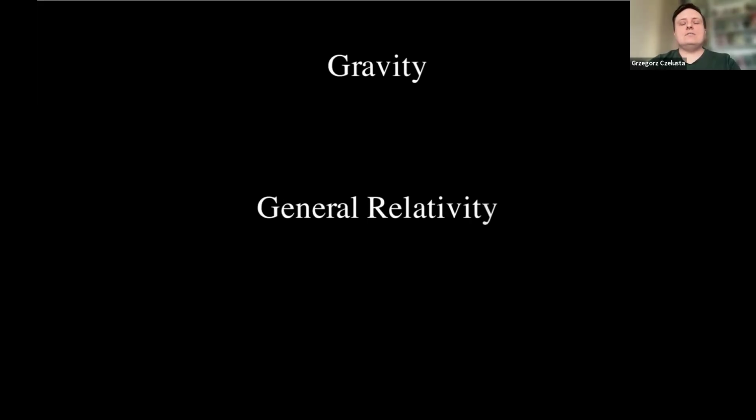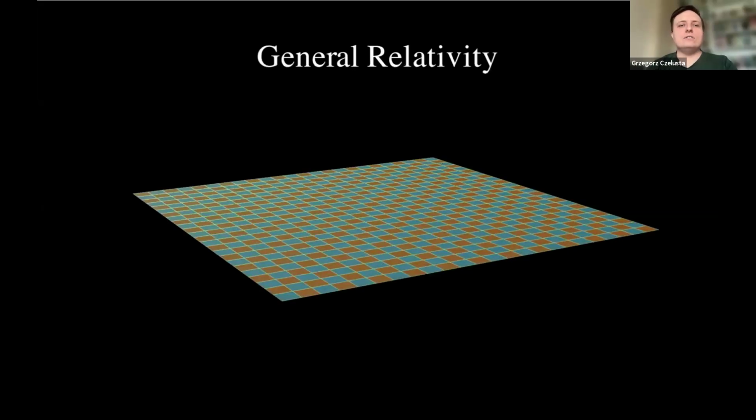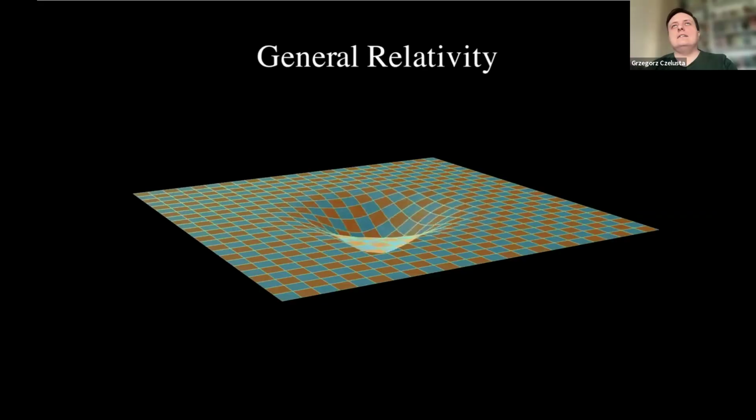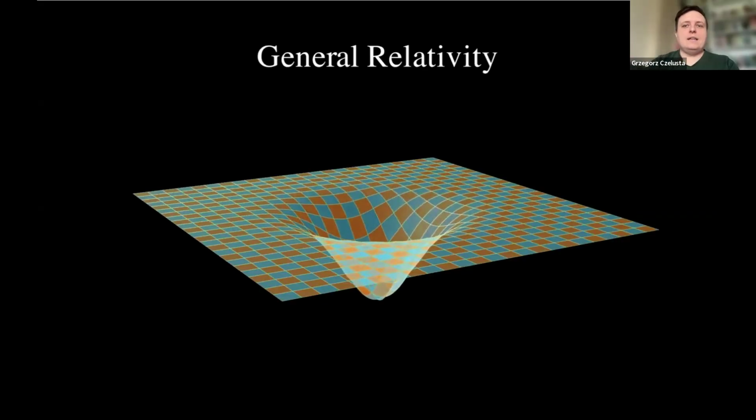The first ingredient of quantum gravity is gravity, and the most accurate theory of gravity that we currently have is Einstein's general relativity. It is a classical theory in which gravity is not described as a force in the usual sense, but as the curvature of spacetime.